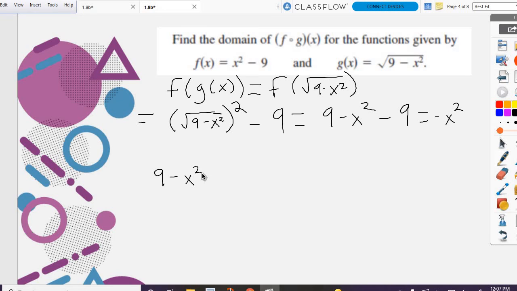We don't want it to be less than, because that would be negative. We want it to be greater than or equal to 0, right? Because that makes that stuff positive. Agreed? Because we're trying to figure out what x can be.